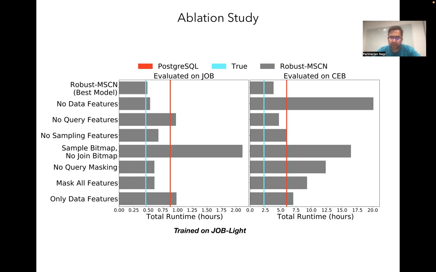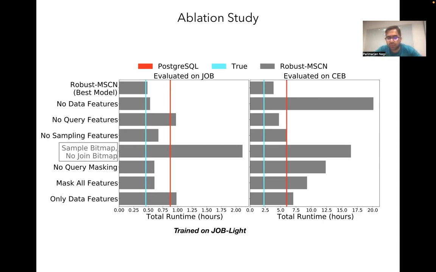Then another key experiment we do is this careful ablation study with various techniques and featurization approaches that we had, and basically trained on JobLite and evaluated on CEV or JOB. One key thing is about this join bitmap approach.